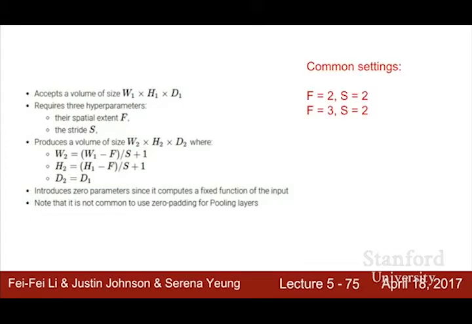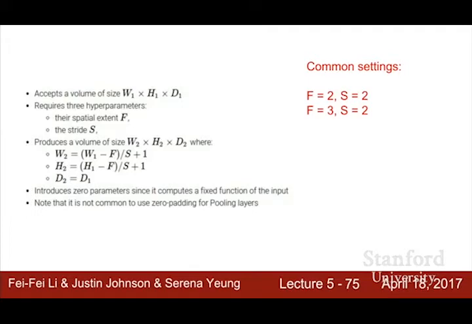Okay, and one other thing to note is that typically people don't use zero padding for the pooling layers, because you're just trying to do a direct downsampling. So there isn't the problem of applying a filter at the corner and having some part of the filter go off your input volume. For pooling, we don't usually have to worry about this, and we directly downsample.